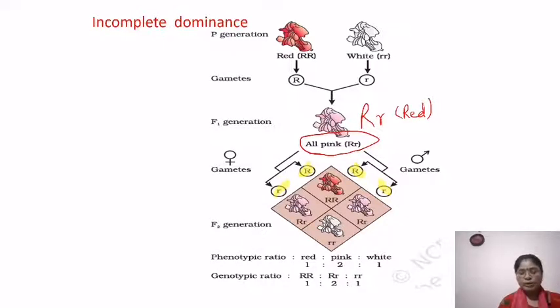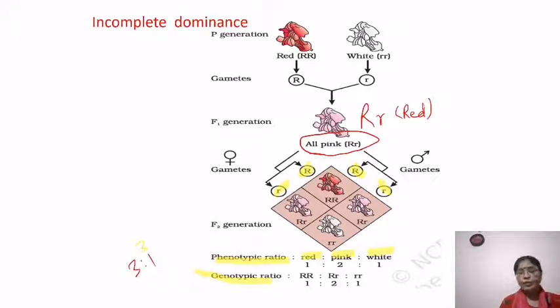So here we are getting the phenotypic ratio of red, pink and white in the ratio of 1 is to 2 is to 1, and the genotypic ratio is also 1 is to 2 is to 1. If you remember Mendel's monohybrid cross, the phenotypic ratio was 3 is to 1, but in this case it is 1 is to 2 is to 1.